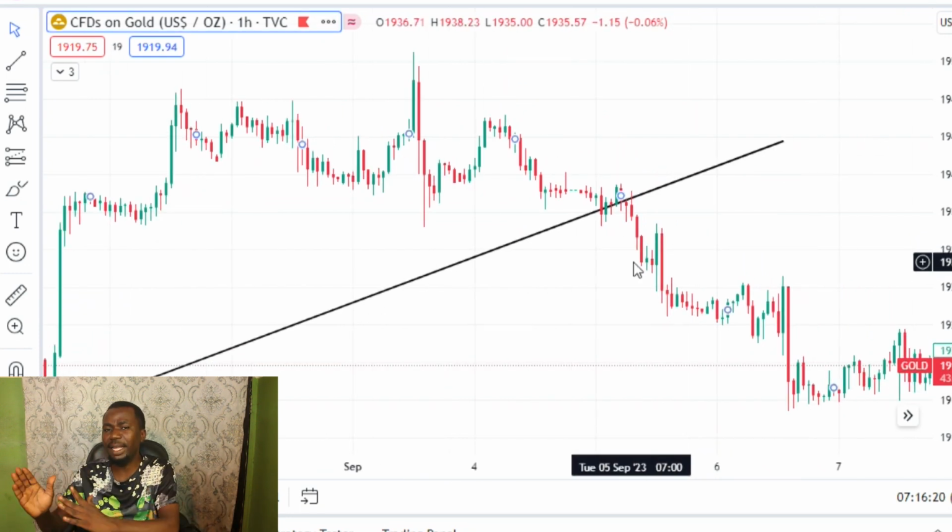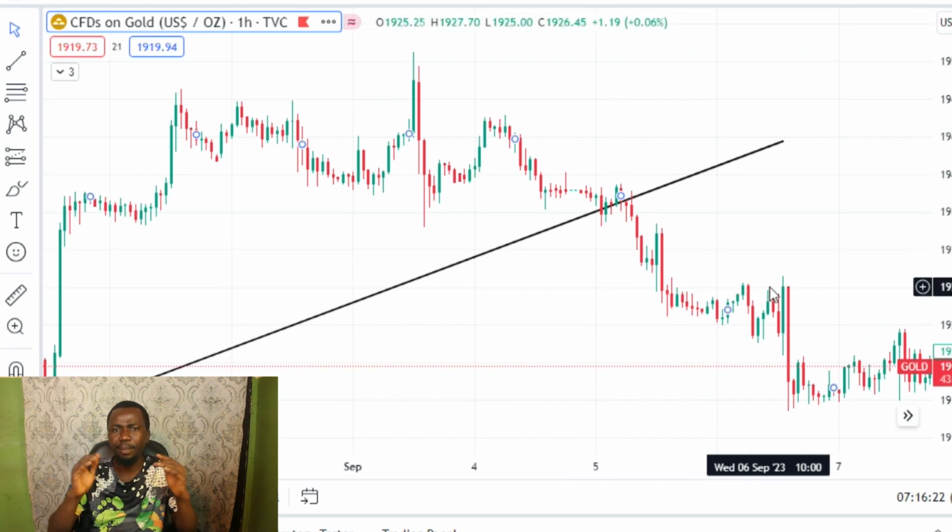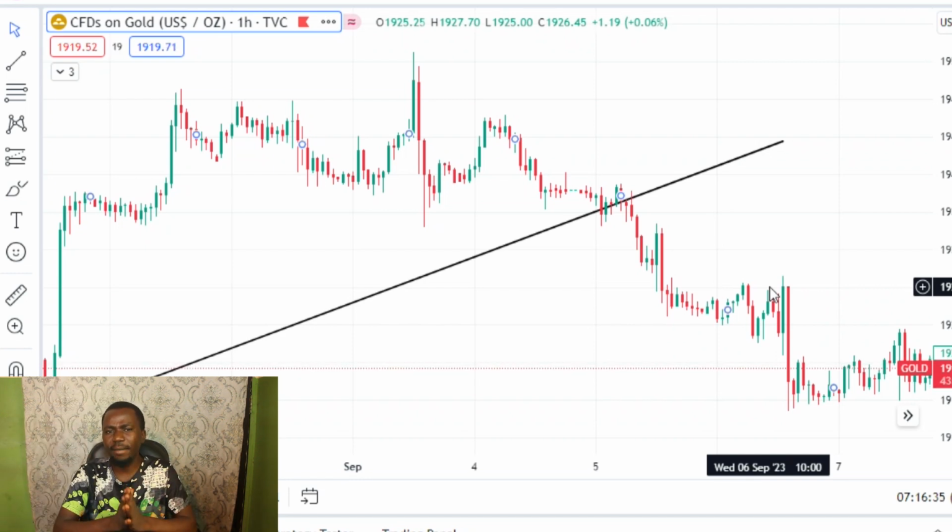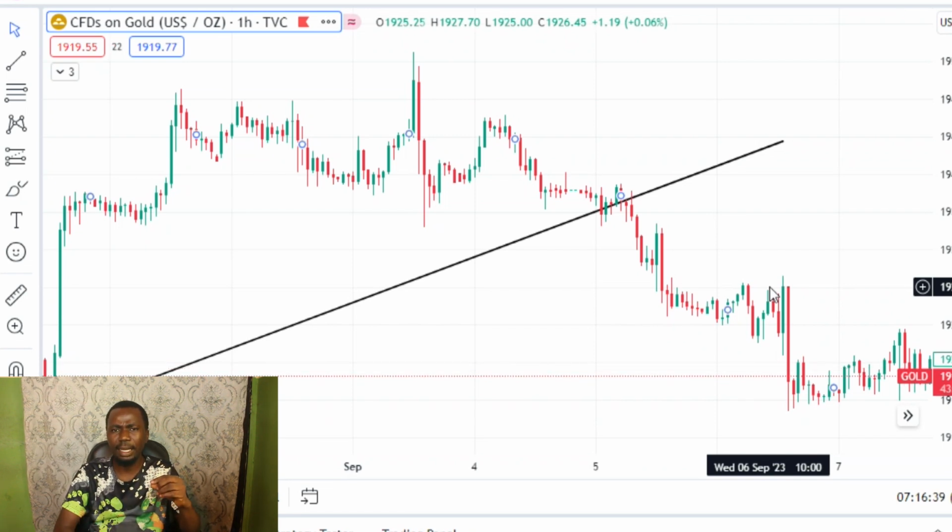The same thing is applicable to the downtrend. If the price is heading down, making a series of lower highs and lower lows, you extend your trend line from the highs and extend it down. So whenever the price comes to the trend line, it tends to reverse and head down.